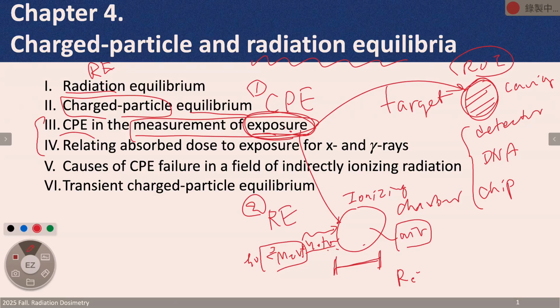A photon interacts with the air and creates electrons. So because of the relationship between the electron range and the chamber size, we can say whether it achieves equilibrium or not.